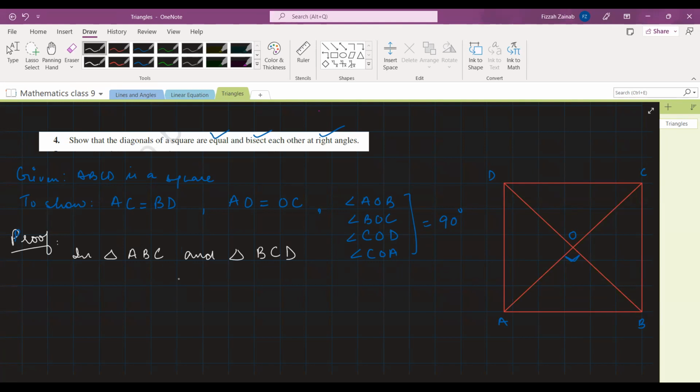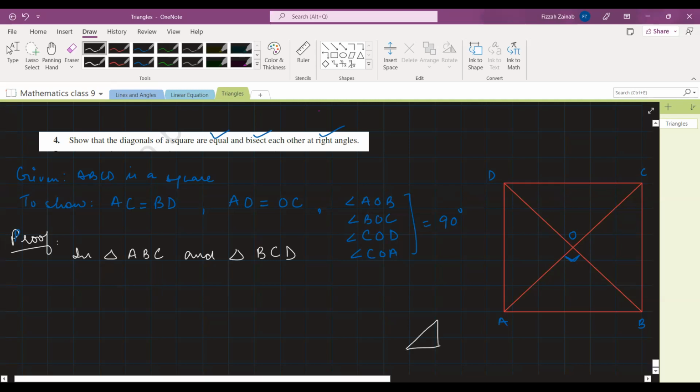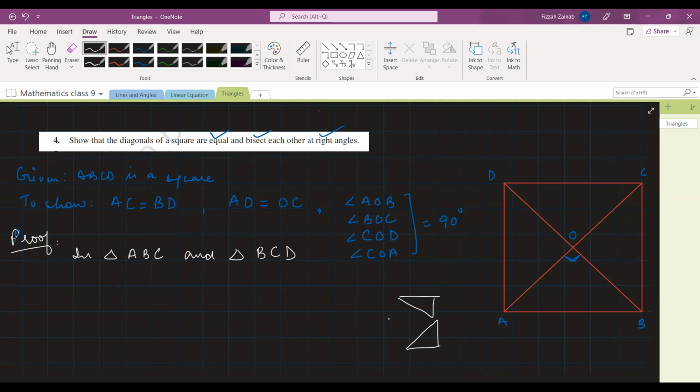Let us prove them congruent, and by CPCT we can say AC is equal to BD. Now who will tell me what I can do here? Tell me one thing I can write here to show congruency. So basically I'm taking one triangle like this, and the other triangle like this.